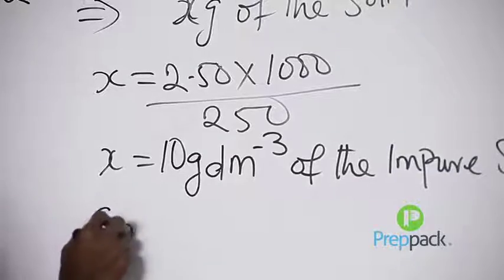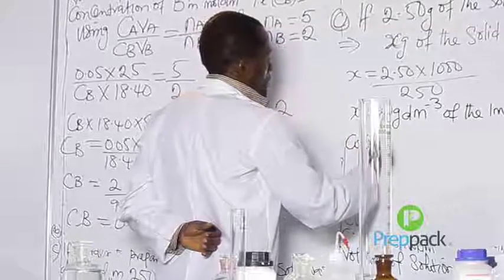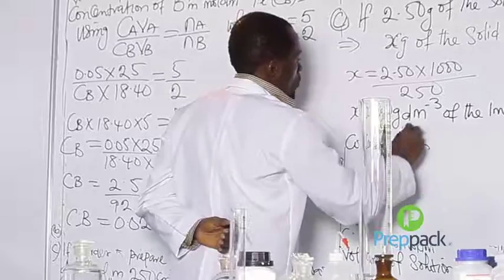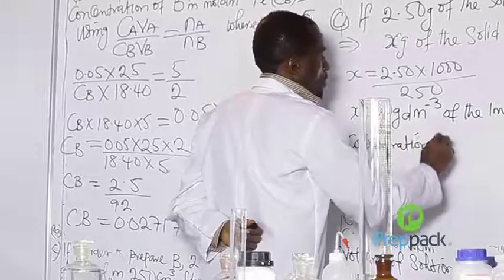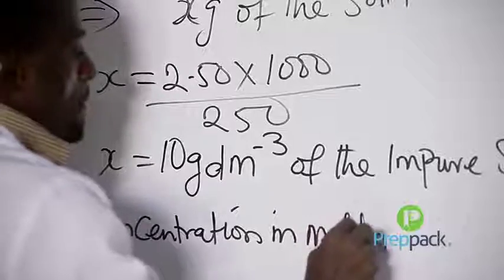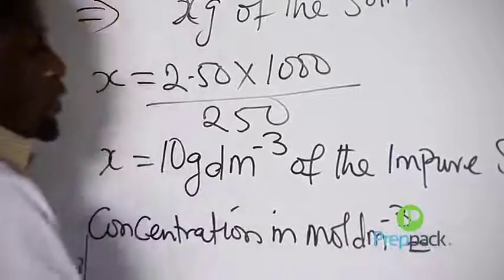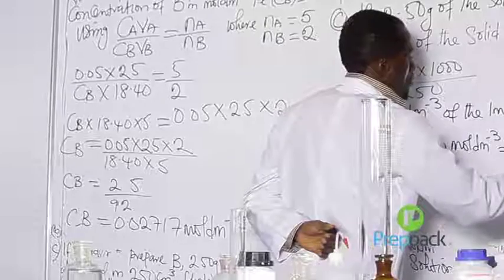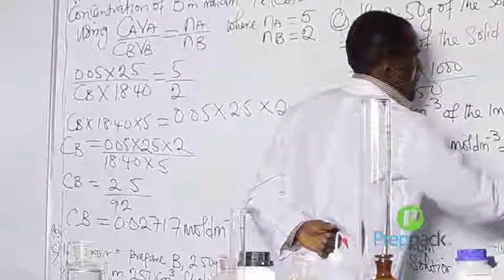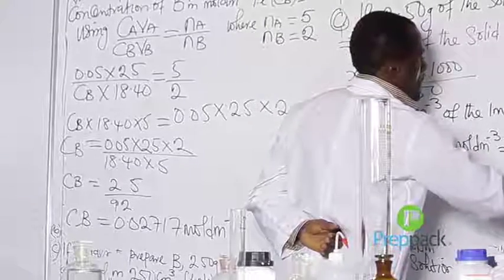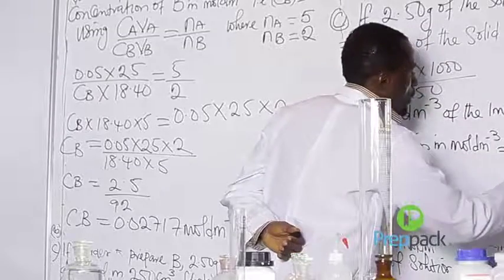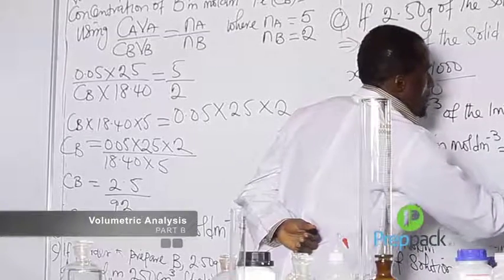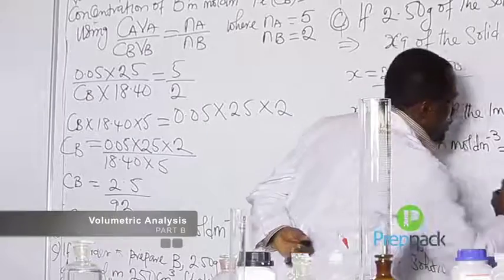Concentration in mole per dm cube equal to mass concentration in grams per dm cube over molar mass.